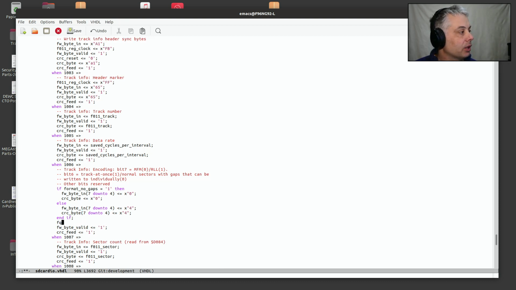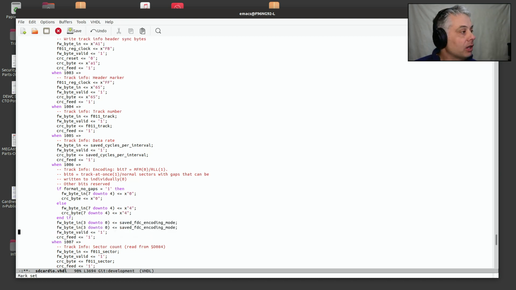And then what we're putting in the bottom half is the encoding. Now it's in this saved thing because when we're writing the track information block, we actually temporarily are replacing it with MFM and the low data rate, right? So yeah.